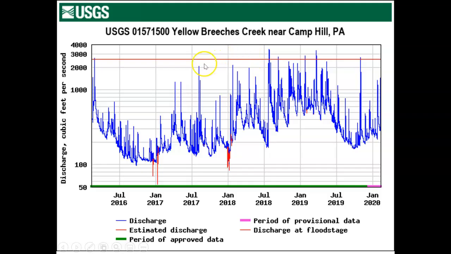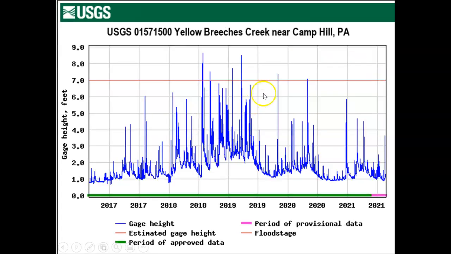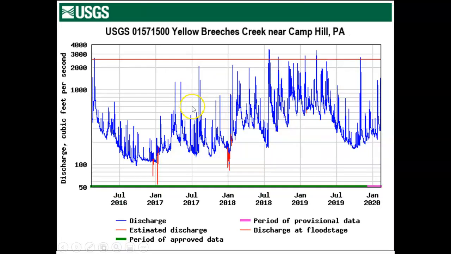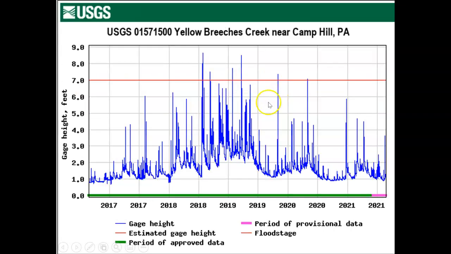And we see we went over the flood stage several times. This is the gauge height, or the depth of the water, and you can see that the flow is calculated from the depth, or the stage, and you can see the same thing here. So in 2018 into 2019, we went over flood stage several times.